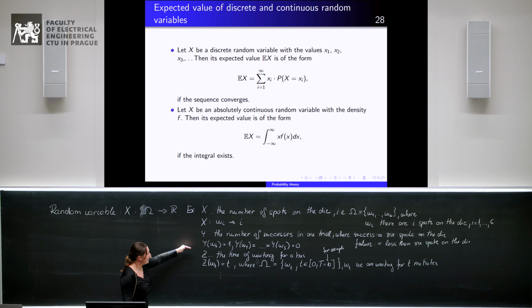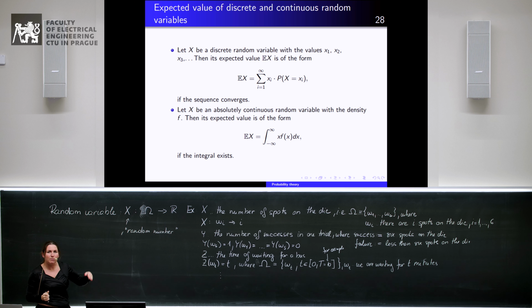And it means that when you look at the description by words, you can see that, in fact, the random variable can be identified, or you can imagine this random variable to be a random number. Because our aim is to modify the elementary events to some numbers in order that we can work with the numbers in the sequel.